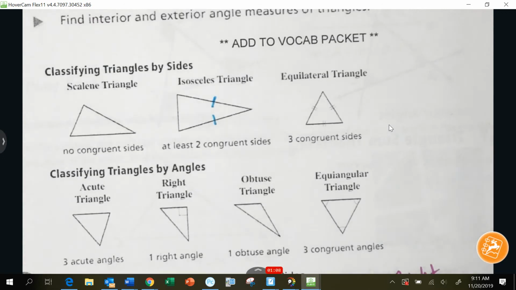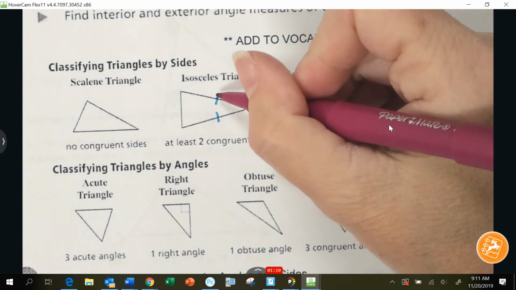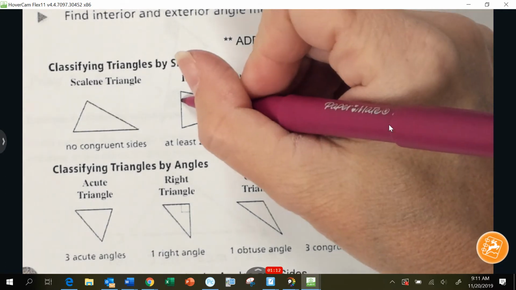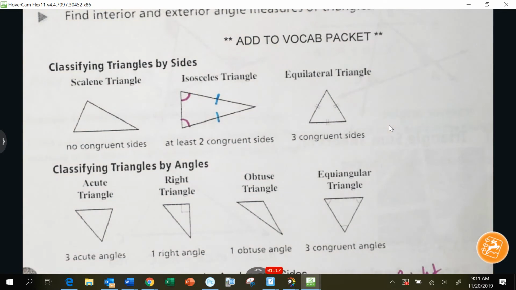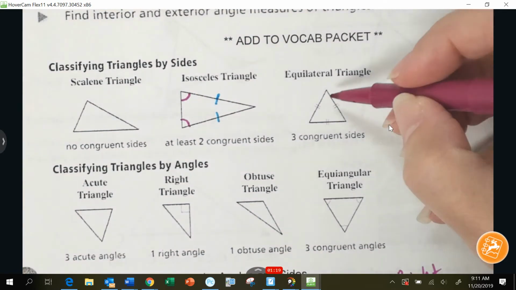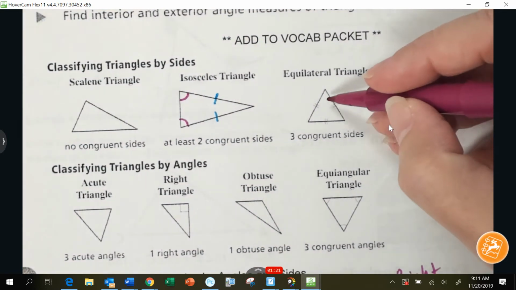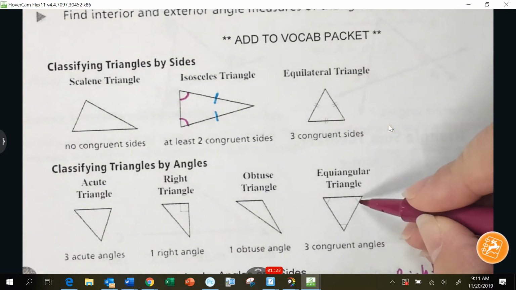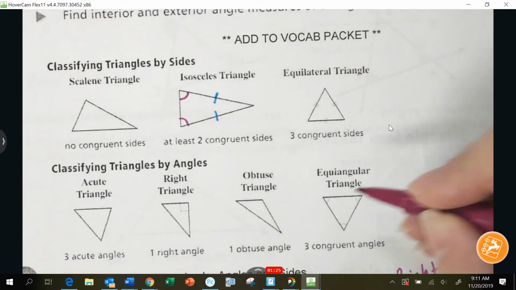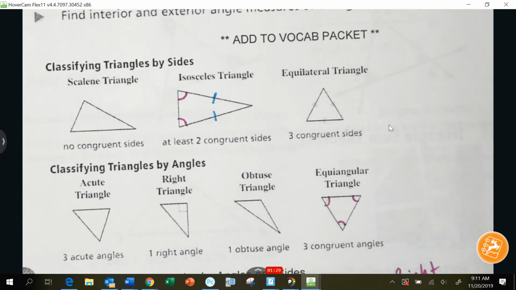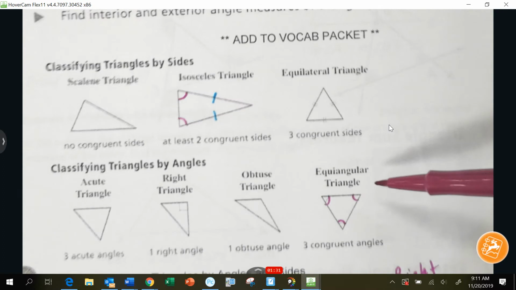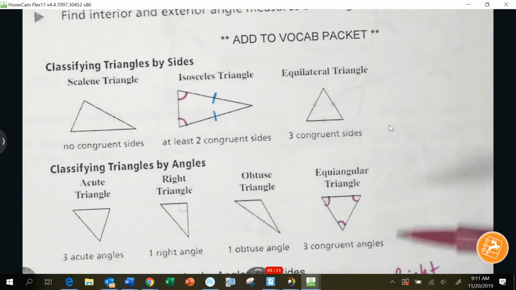With isosceles triangles, if two of the sides are the same, then we have these angles called vertex angles. Those will also be the same. And with equilateral triangles, if it's equilateral, it's also equiangular, which is down here where all the angles are the same. So if it's equilateral, it's also equiangular, and those triangles are always the same.